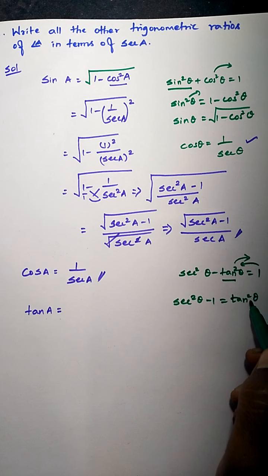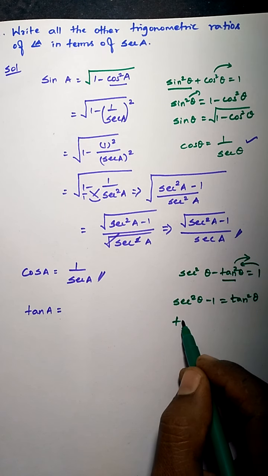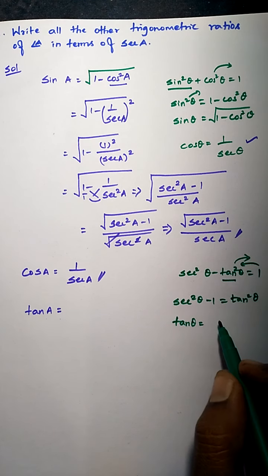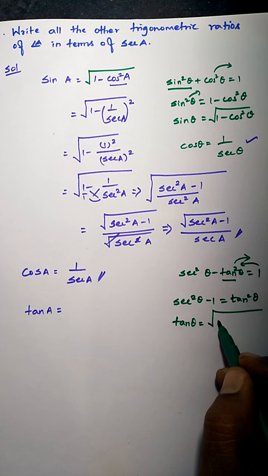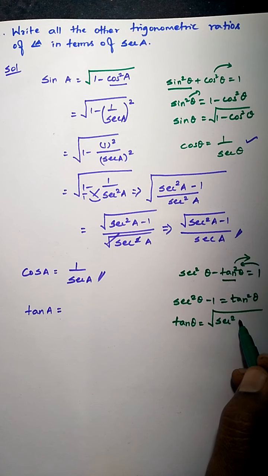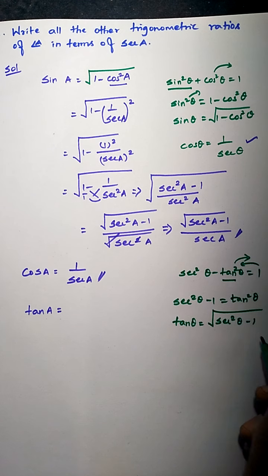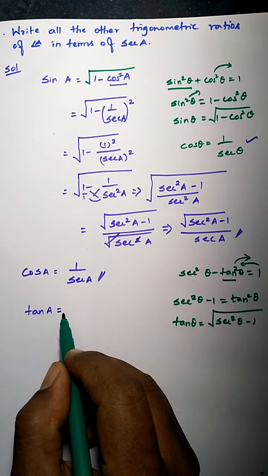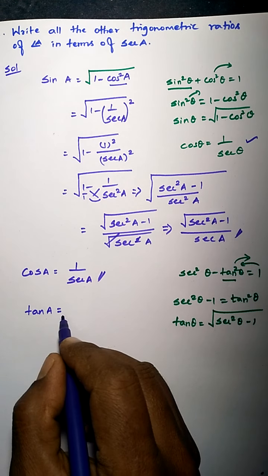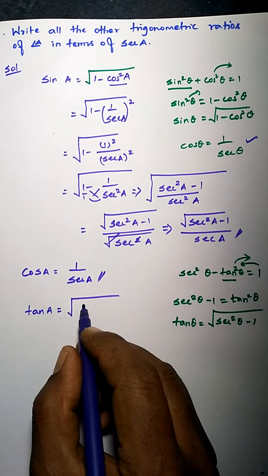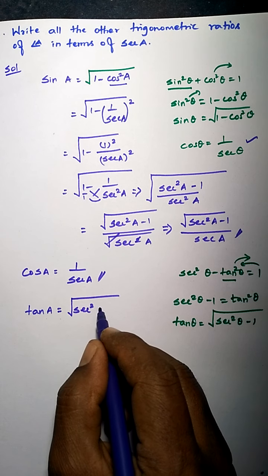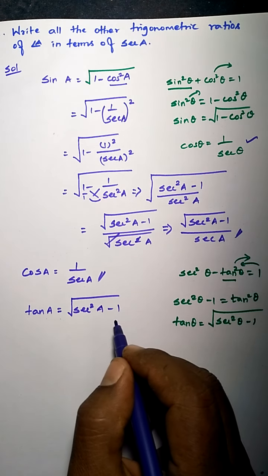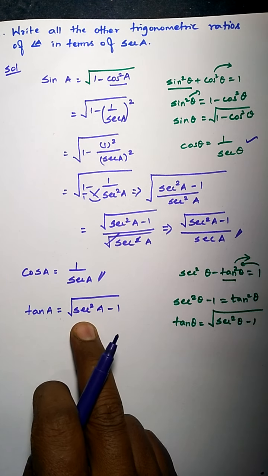If you want only tan theta, take the square root, then you will get tan theta equal to root of secant square theta minus 1. So instead of tan theta we can apply this now. You will get tan A equal to square root of secant square A minus 1. So you got it in terms of secant.